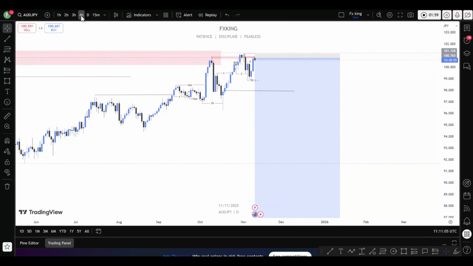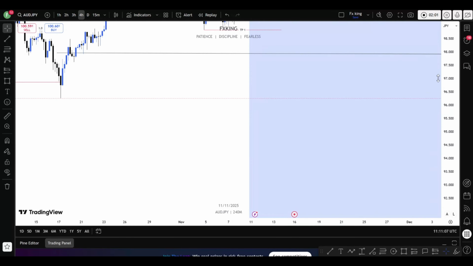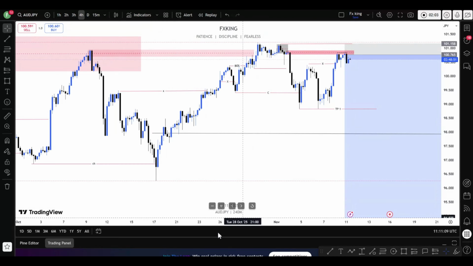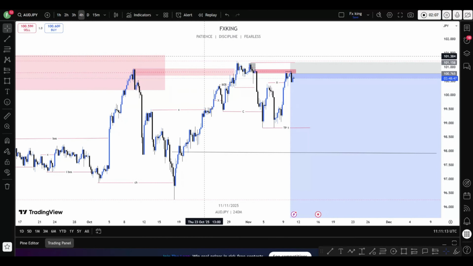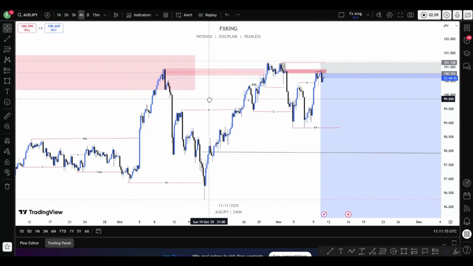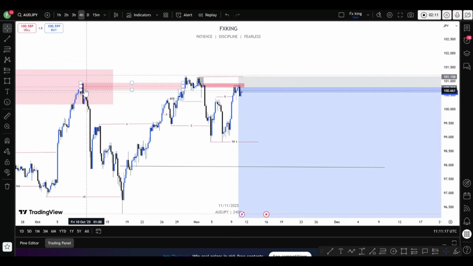Now the reason why we are selling is, if you happen to look at the 4 hours time frame, you will see that here, the market really closed above. The market went up and closed above this, but after closing above this, we had an internal change of character here, indicating that after this higher high has been created, we are looking for a deeper pullback.